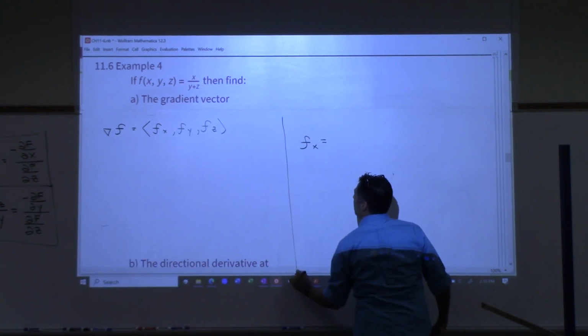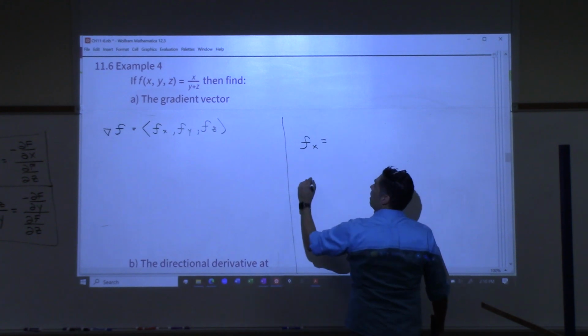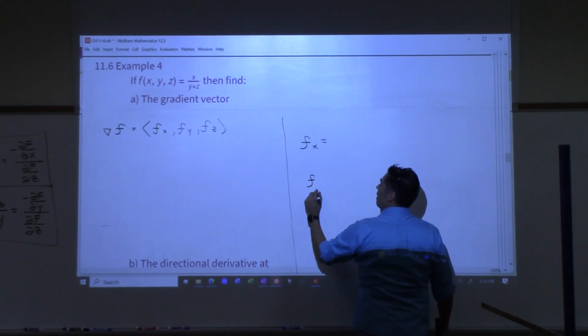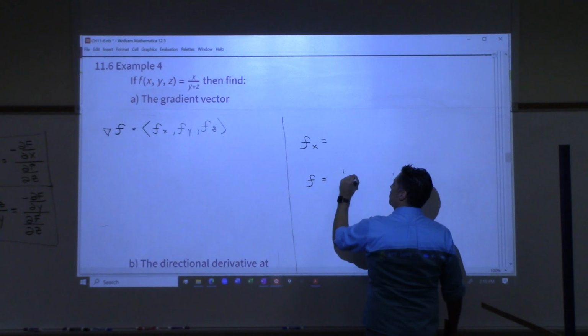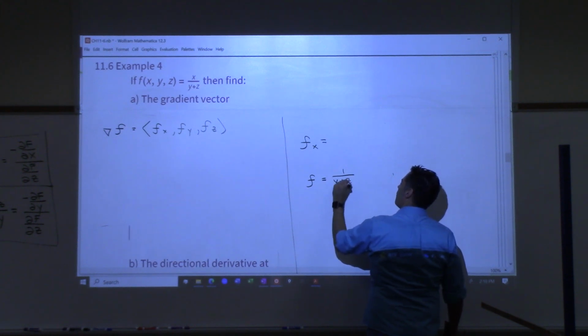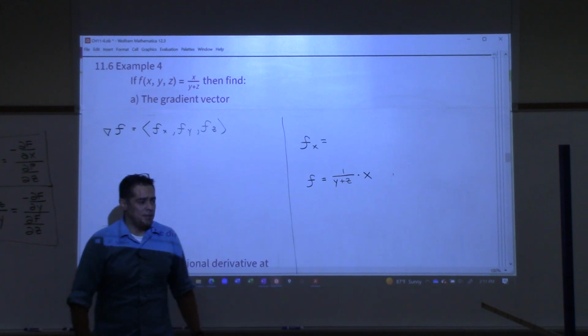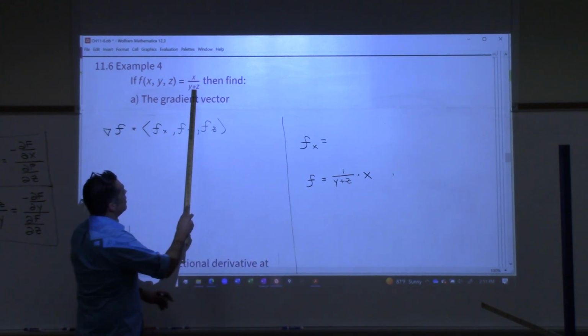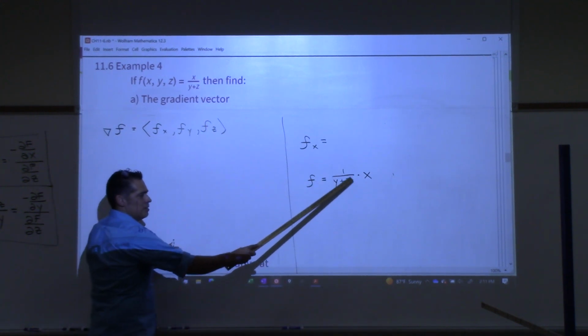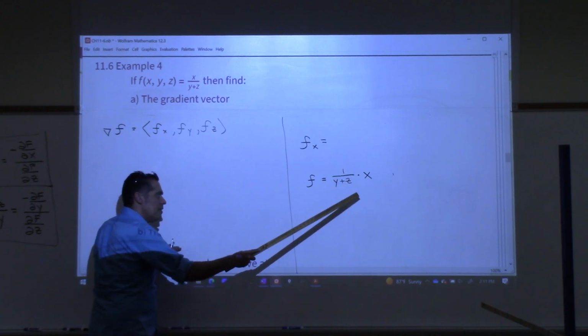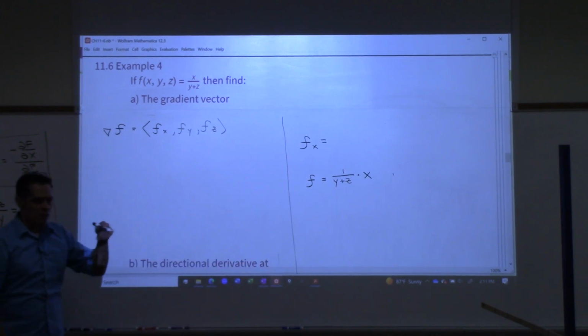Okay, I'm looking at just this right now. If I look at my original function, f, I'm going to write it like this. If y and z are constants, then I can look at that as a number I could pull out in front, like this. And then the derivative of that with respect to x would just be 1 over y plus z.